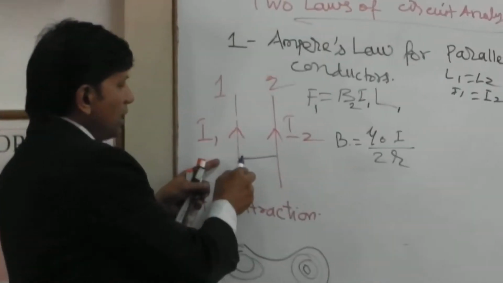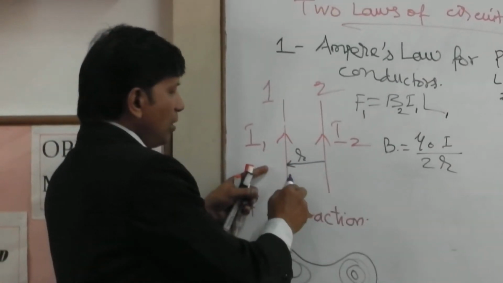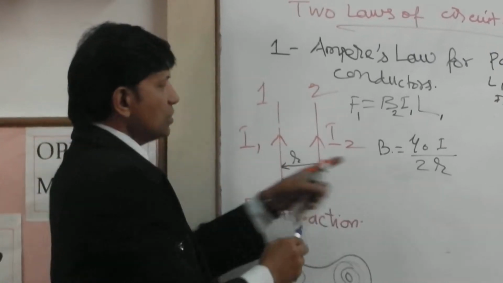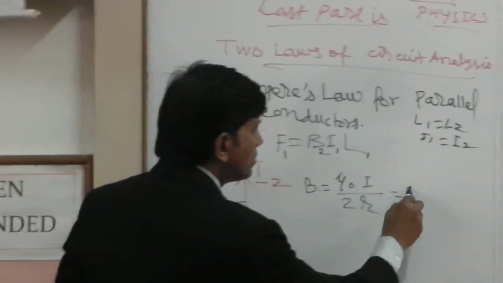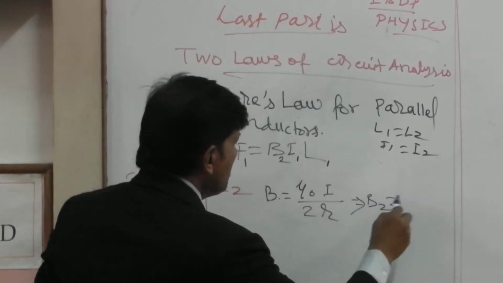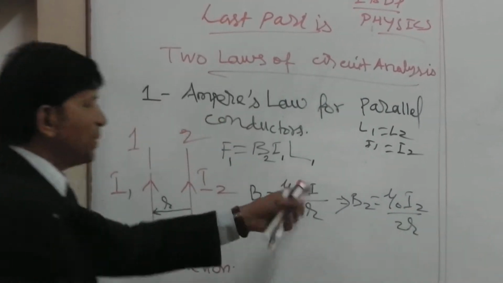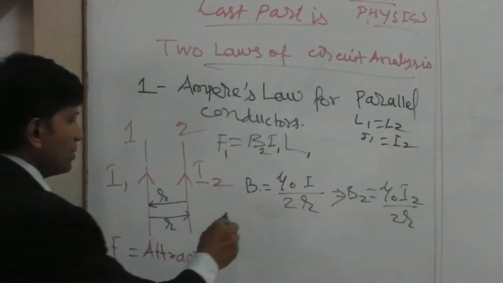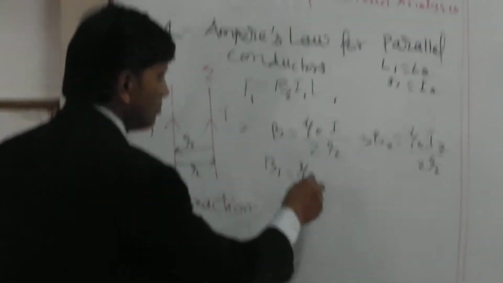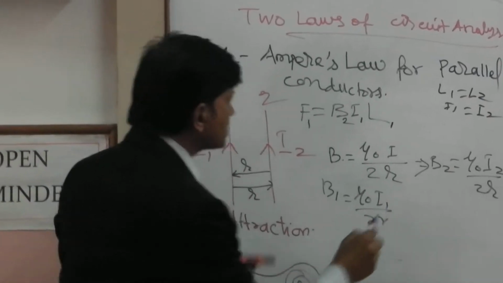So if it is B2, B2 means mu0 I2 upon 2R. If it is B1, mu0 I1 upon 2R. So let us apply this formula.